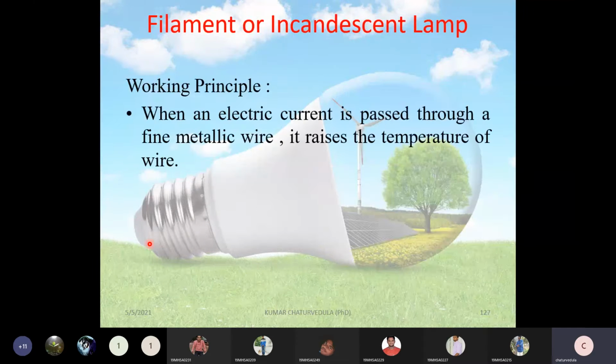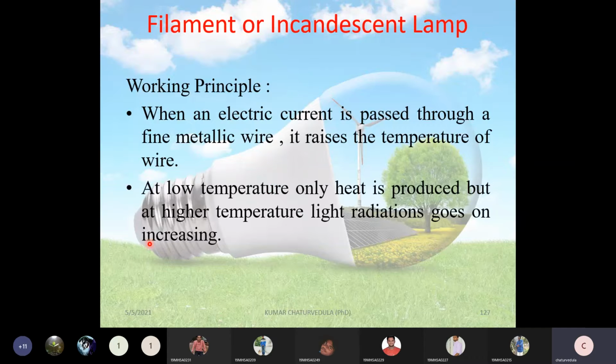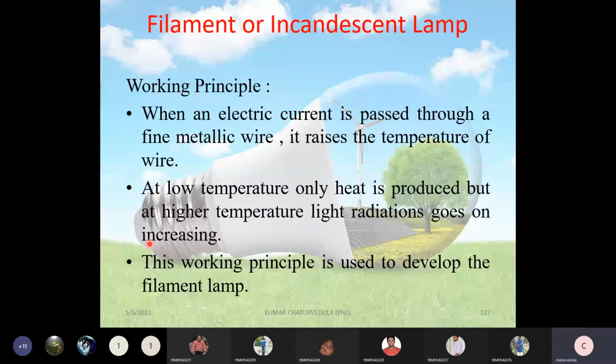The basic working principle of an incandescent bulb is that whenever an electric current is passed through a fine metallic wire, it raises the temperature of the wire. At low temperatures, as I told you, only heat is produced, but at higher temperatures light starts radiating. This principle is used to develop the filament lamp.